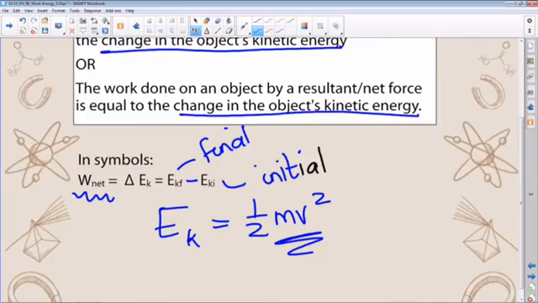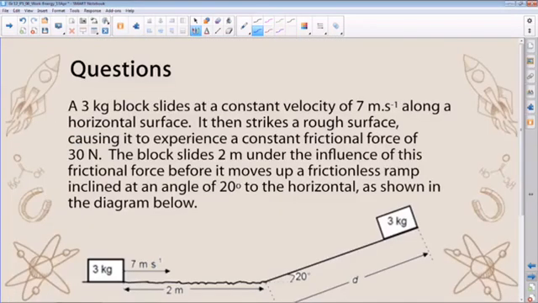Okay, so let's look at a question. I'm going to go through it with you to give you an idea of what's happening, and then I'm going to give you some time to answer it. We have a 3 kilogram block which slides at a constant velocity, that's important, along a horizontal surface. It then strikes a rough surface, that means there's friction, causing it to experience a constant frictional force of 30 newtons.